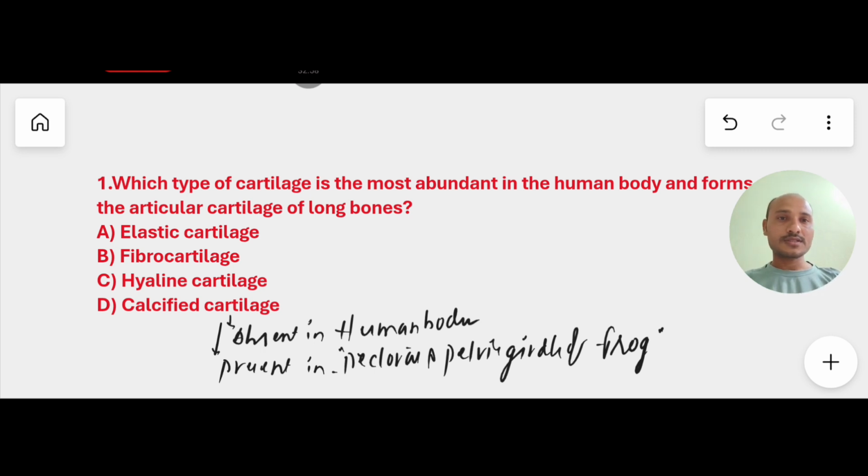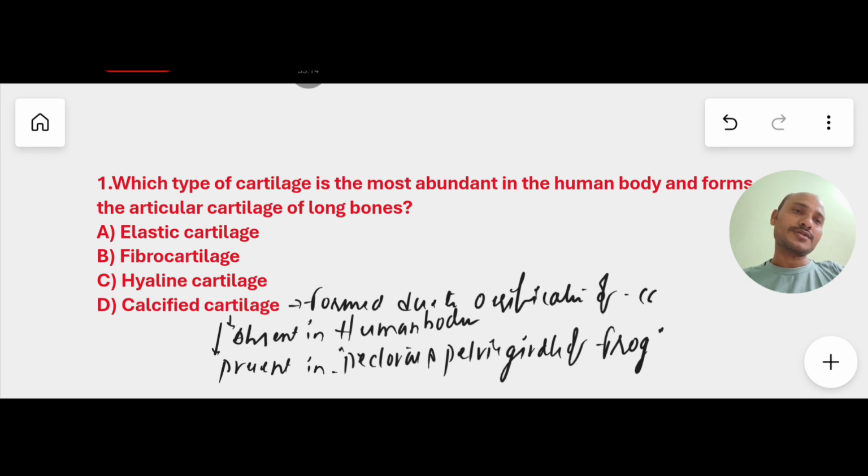Calcified cartilage forms due to the ossification process of cartilage. So this is about calcified cartilage, and this is the first MCQ.